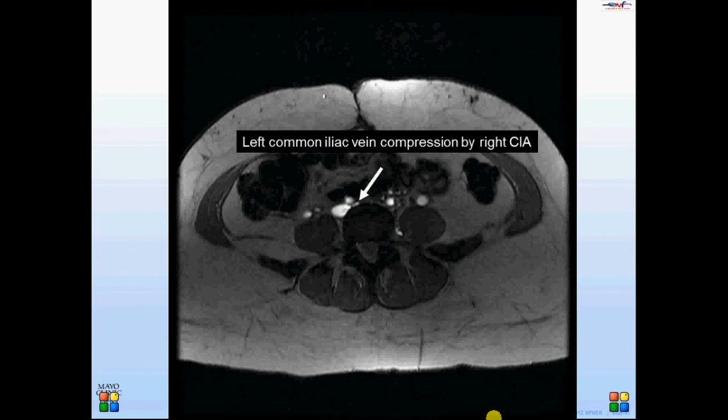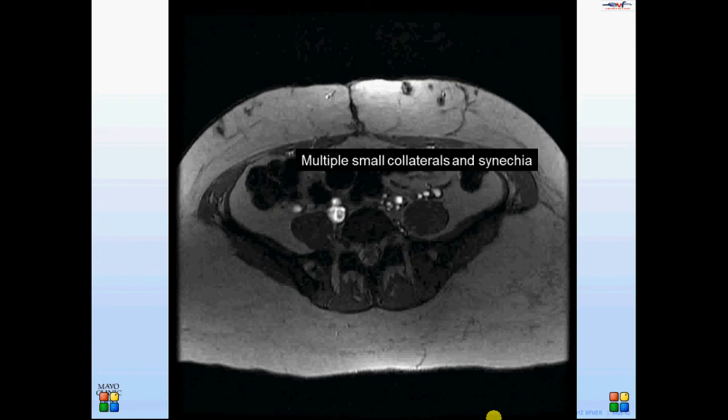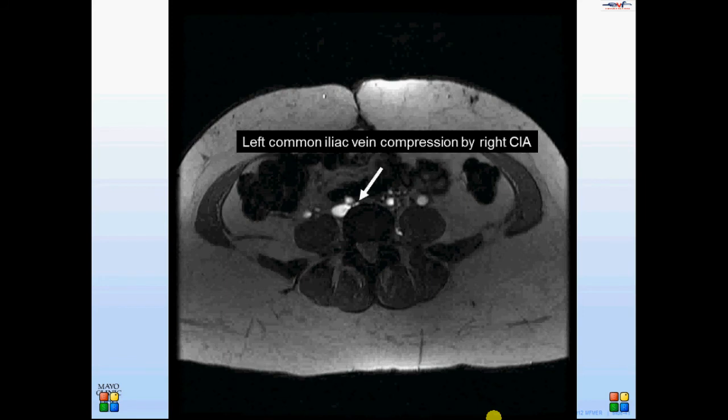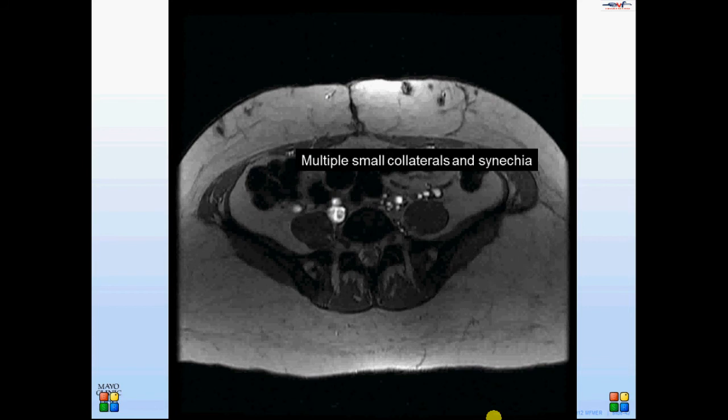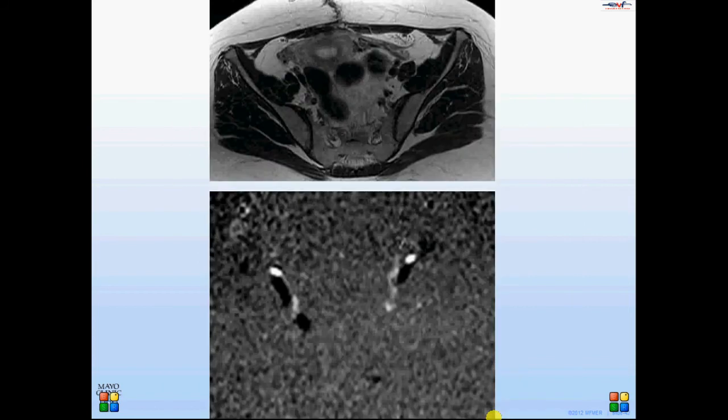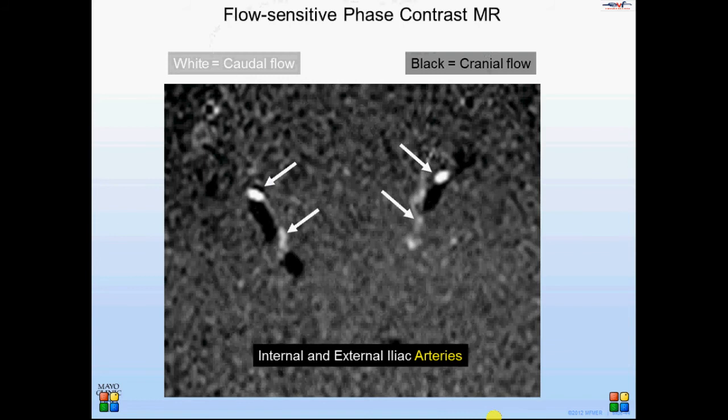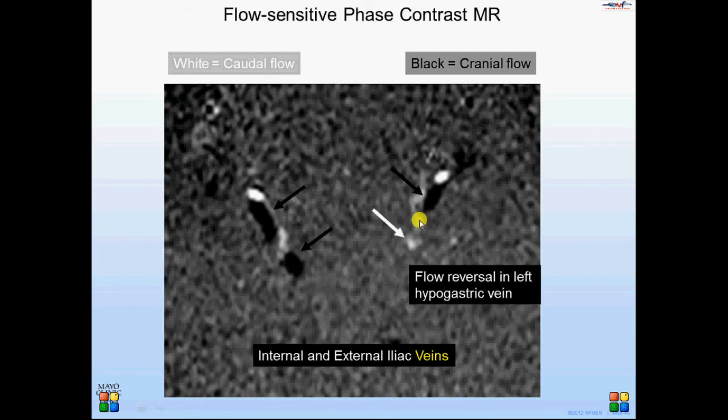Now, I talked about hemodynamic capabilities of MRI, and this just demonstrates a patient with compression of the iliac vein on the left side with multiple small collaterals. And then when you do a flow-sensitive phase-contrast MRI, you can see the arteries here in white, the common iliac arteries and the internal iliac arteries.